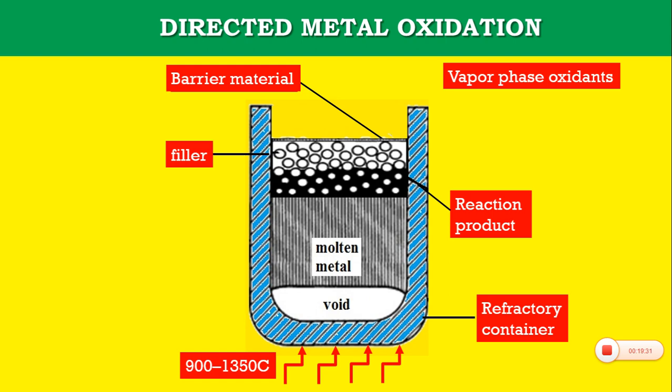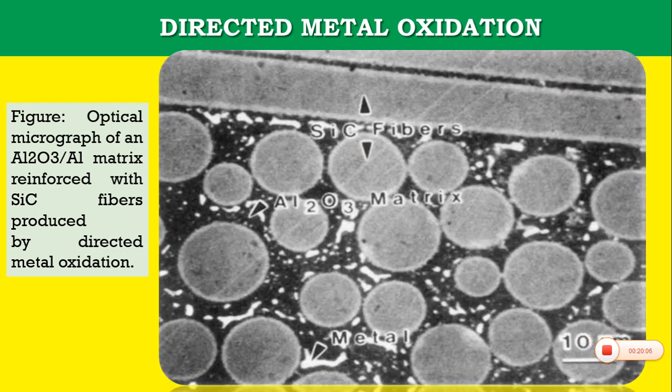The filler and the metal alloys are then heated to the growth temperature, while controlling the other conditions, so that the oxidation process continues and the metal surface is reinforced by the filler materials, and finally we get a final product.